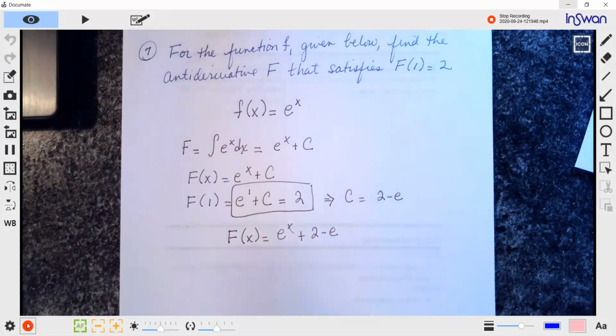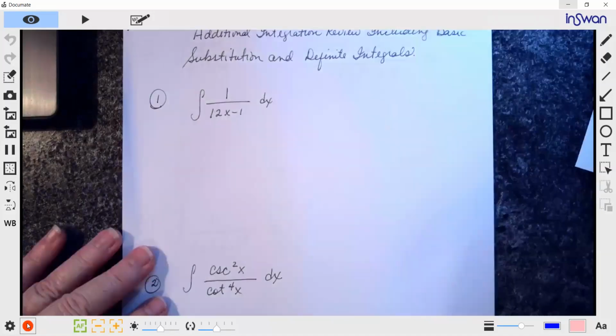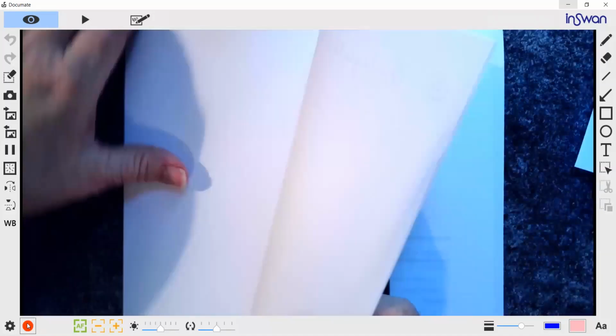I want you to take just a couple minutes and try these two integrals.